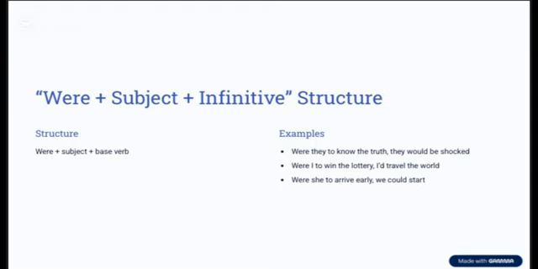Third example: Were she to arrive early, we could start, but she didn't arrive early, so the person is again using this structure. I think it's understandable that people are using this structure to express their opinion about the event that didn't happen yet. So it's about using it in present time.